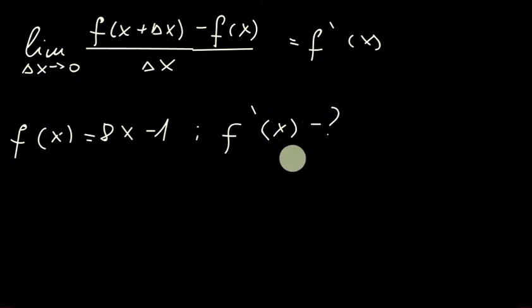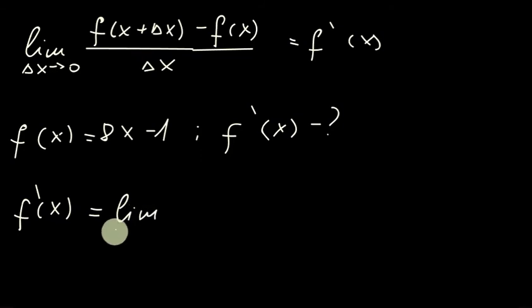So, if you already are familiar with derivatives, you could easily say that this is equal to 8, okay? But I want to show you how these formulas are derived, okay? So, here's what we are essentially doing. We are saying that the derivative of f of x is equal to the limit, as delta x approaches 0, of 8, now we are putting this, okay?